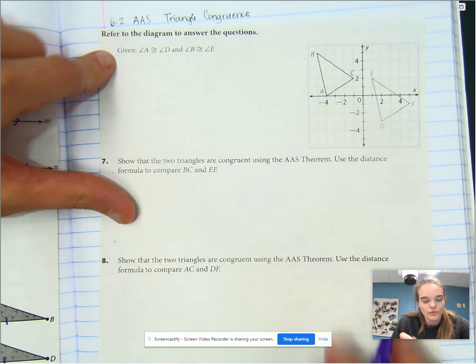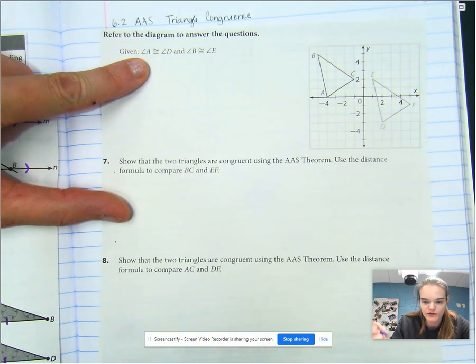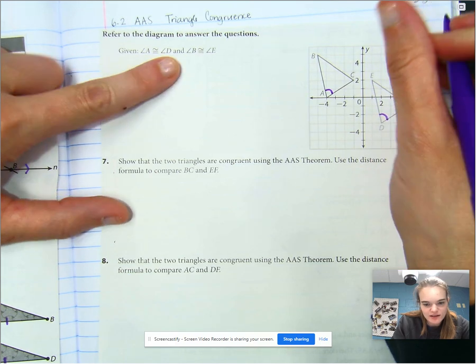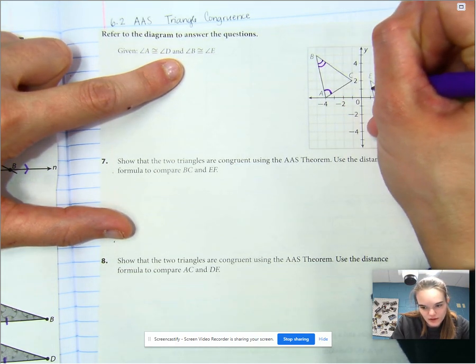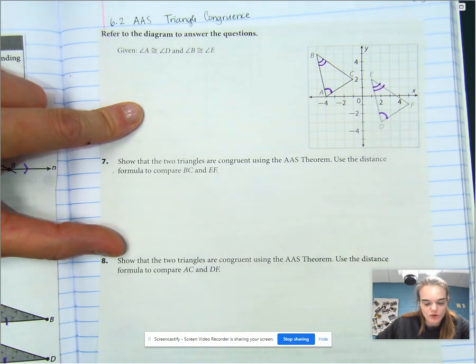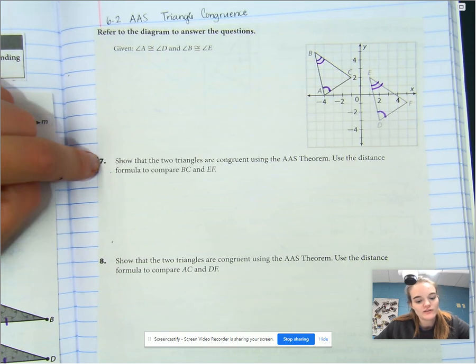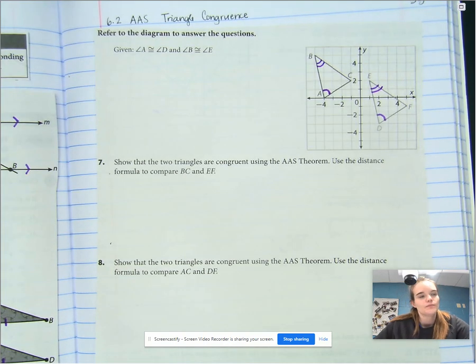Okay, so refer to the diagram to answer the questions. It says, given A is congruent to D, and B is congruent to E. We have to answer these questions. Number 7. This technically, 7 and 8, while they work with the same diagram, don't necessarily correspond.